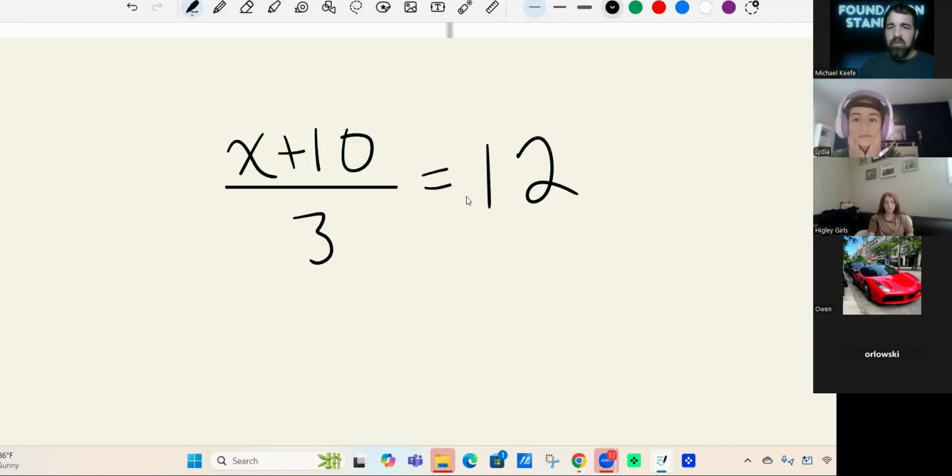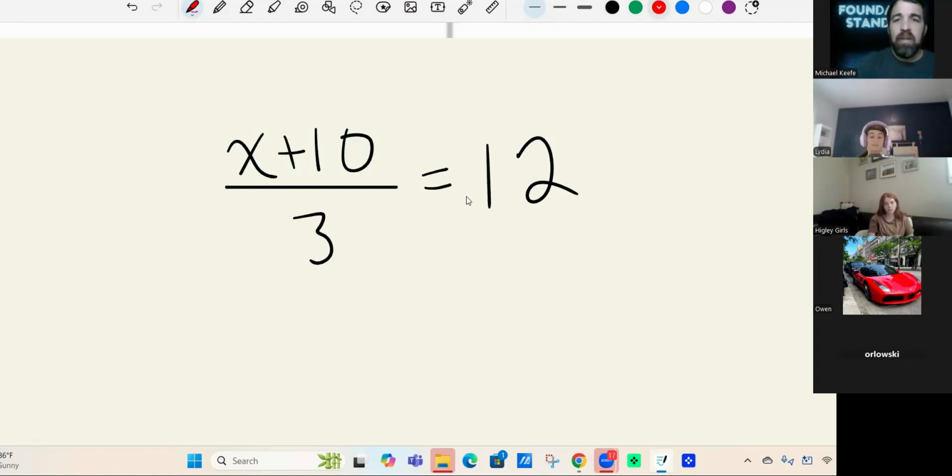When we're solving an equation, we always say, do I distribute? Do I combine like terms? Get the variable to one side, and then order of operations in reverse. Well, this is a little bit tricky because x plus 10 in the top is being divided by 3.